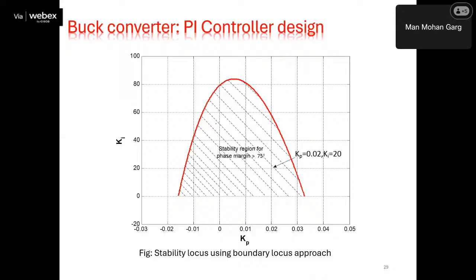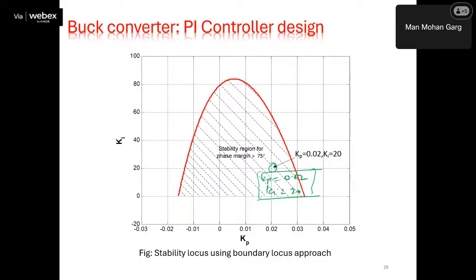We take any positive value in this first quadrant, and that value will be able to give me at least 75-degree phase margin. We have chosen this value, Kp equal to 0.02 and Ki is 20. So this Kp and Ki I have obtained.